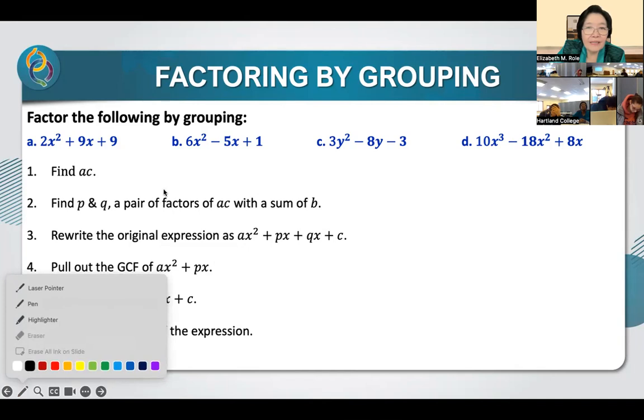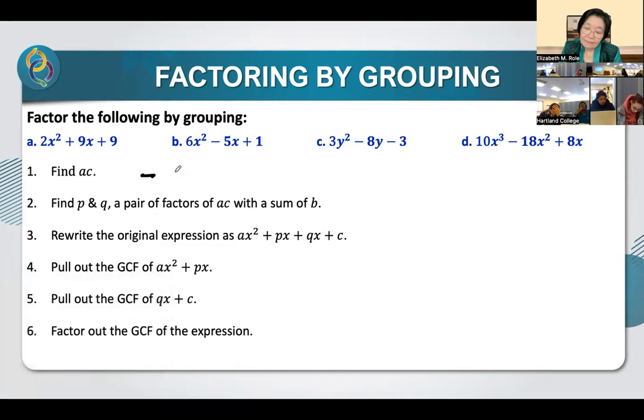So for letter C, AC is negative 9. Then what are the factors? What is the pair of factors of negative 9 such that the sum is minus 8y?